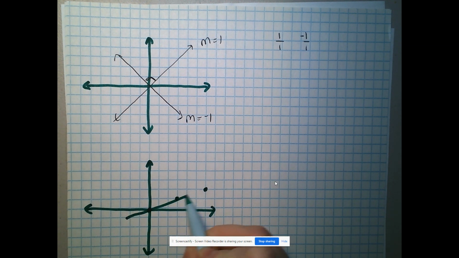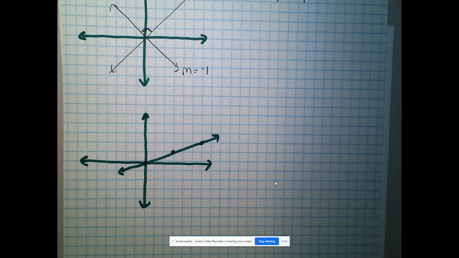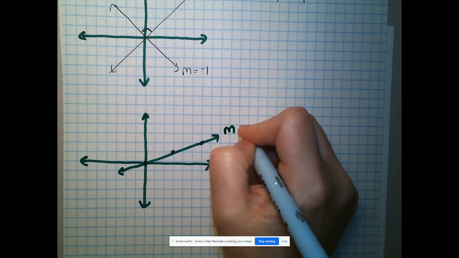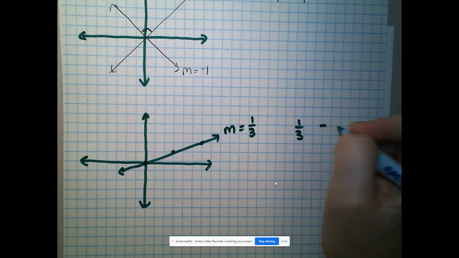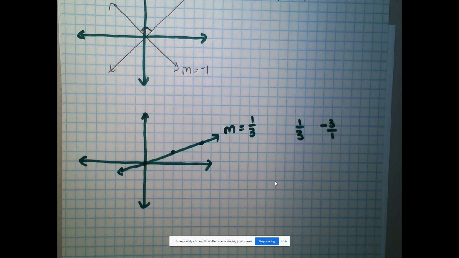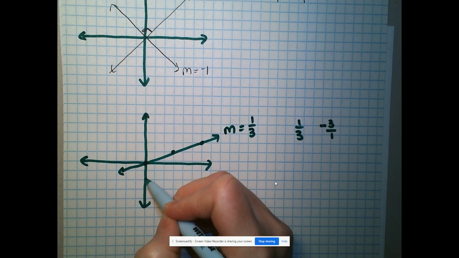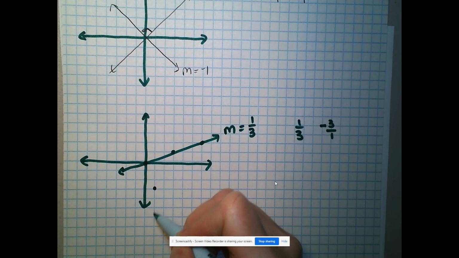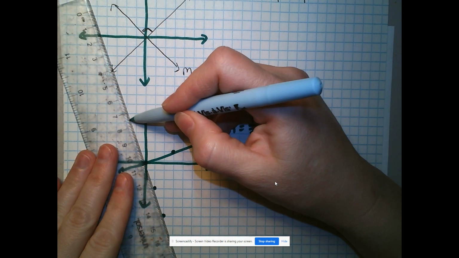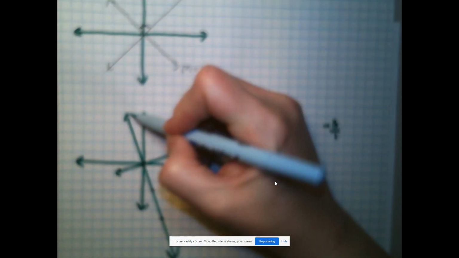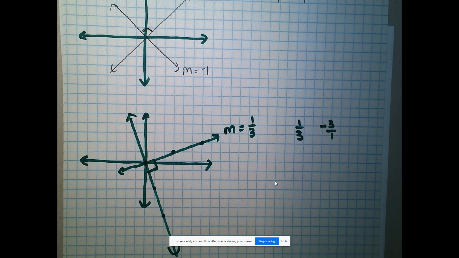Our hypothesis is that if the other line had a slope that was the opposite reciprocal, so this one, m is 1/3, the opposite reciprocal would be negative, and then it would flip to 3 over 1. So if we go negative 3, right 1, negative 3, right 1, and graph that, do we get a 90-degree angle? And we do.